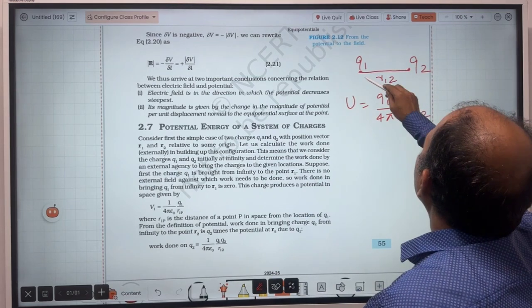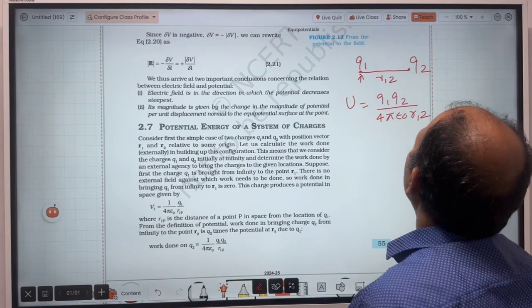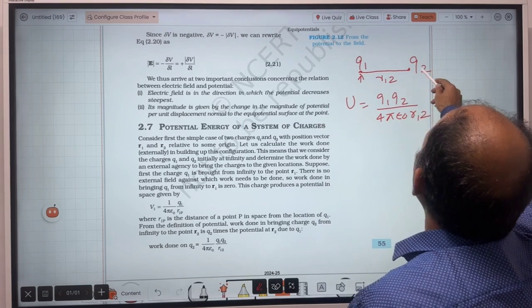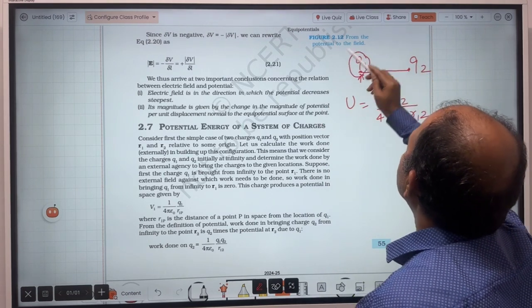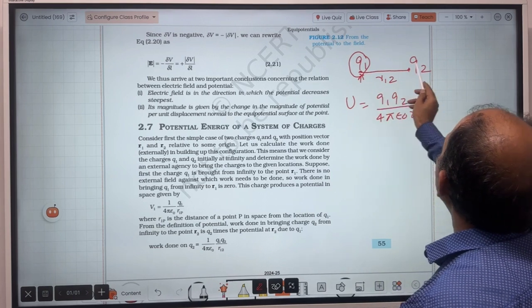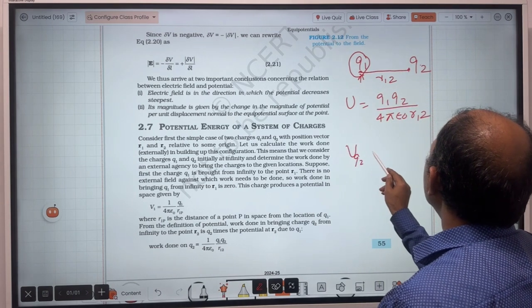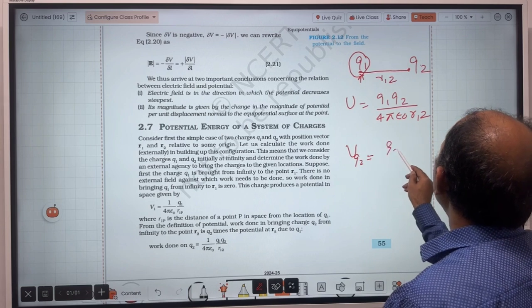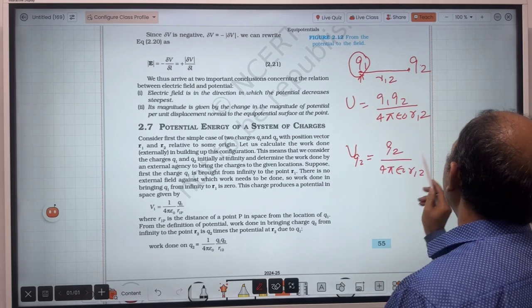Do one thing. Suppose at this point you have to find out potential energy. So consider the potential due to this charge at this point and then multiply by this charge. The potential at this point due to this charge will be Q2 divided by 4 pi epsilon naught R12.